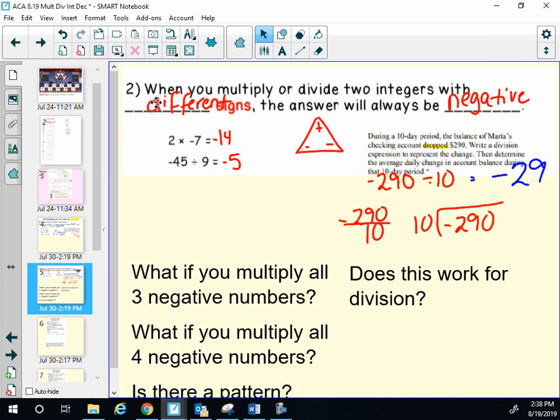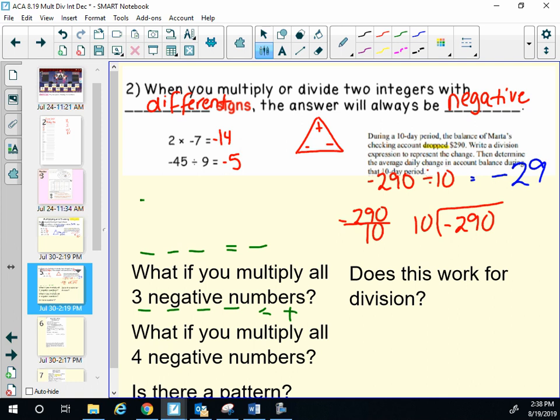Let's think about this. If you multiply a negative times a negative times a negative, 3 negatives: a negative times a negative equals positive, so with 3 of them, your answer is going to be negative. What happens if you had a negative times a negative times a negative times a negative?